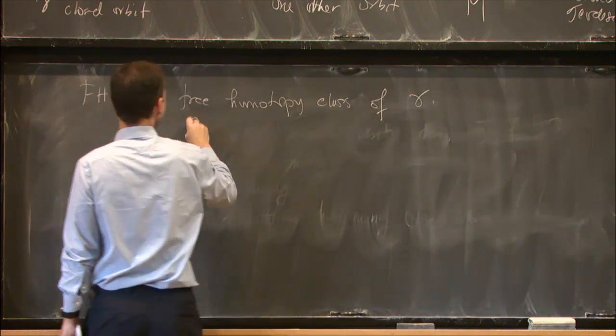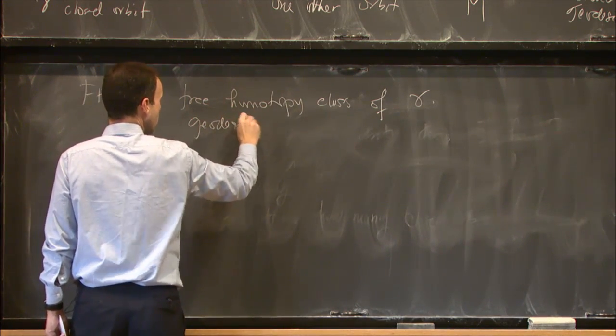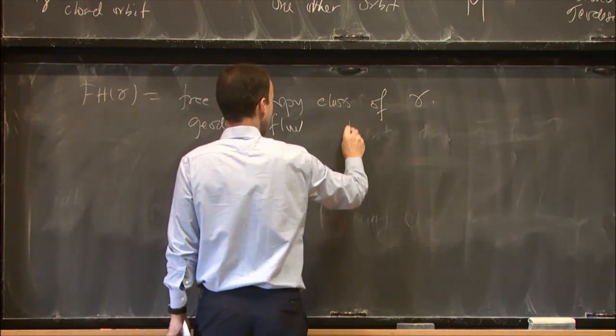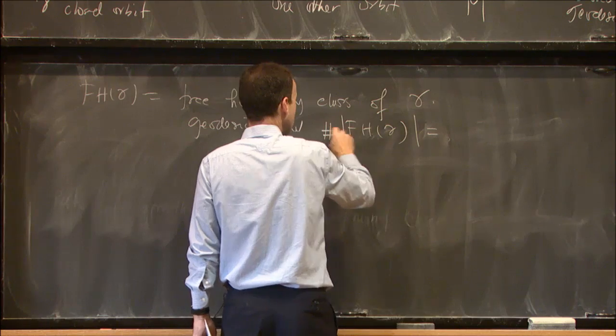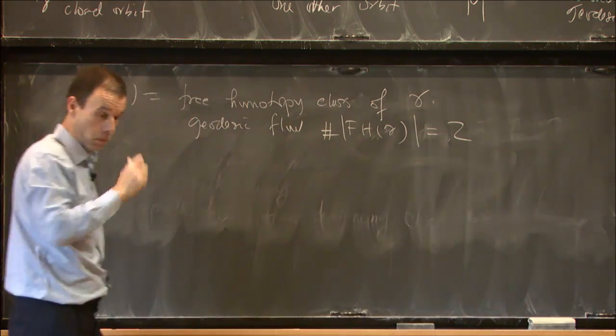So here for geodesic flow, the free homotopy class of any orbit has 2 elements. Okay.